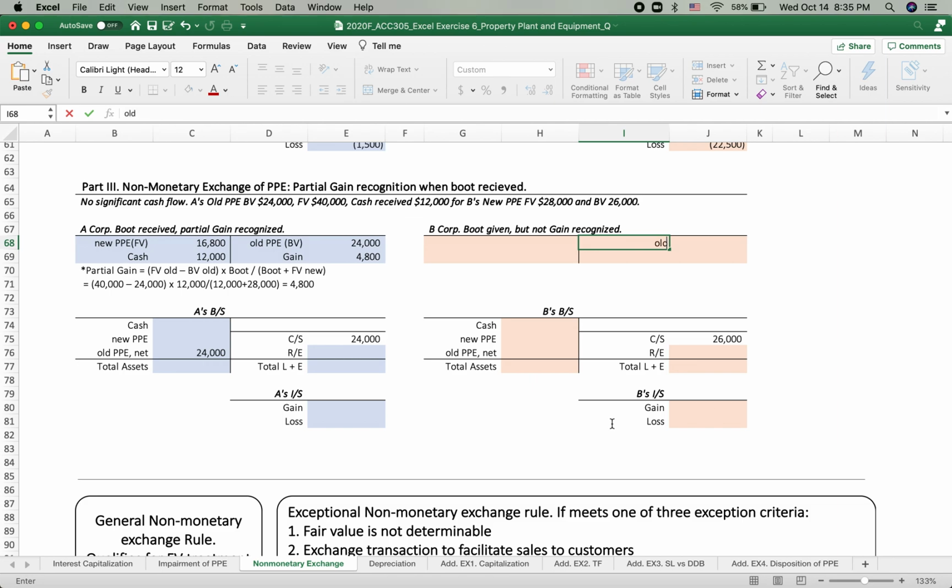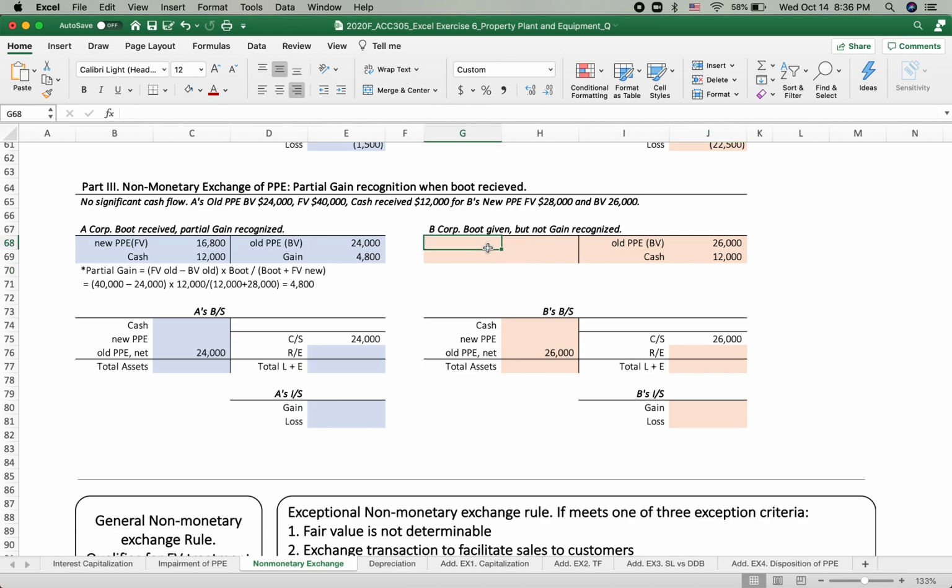The old PP&E book value is 26,000. And then how do they record the cash? That is the cash forgone, because the company gave the cash to company A. The cash paid is $12,000 to company A, so the cash is now reduced by $12,000.